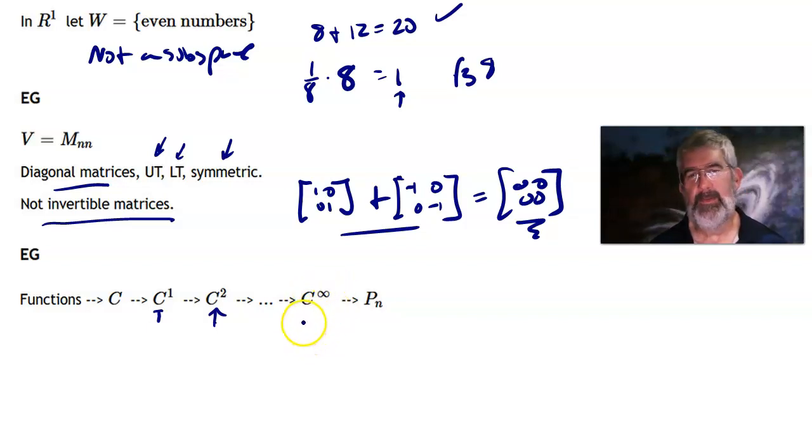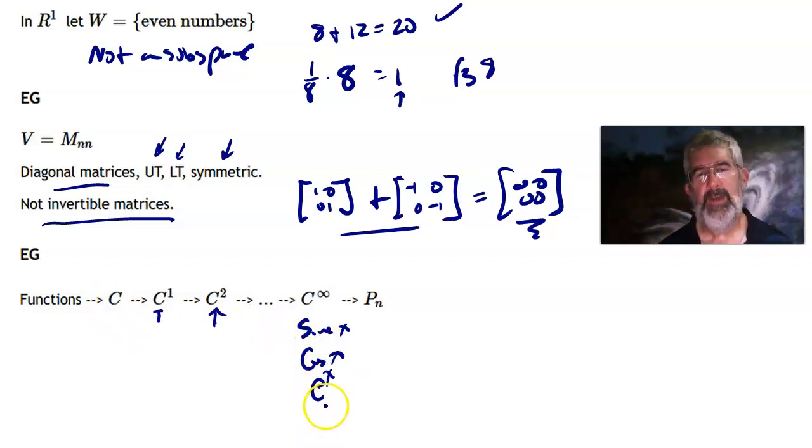So like sine and cosine would fit in here. Sine x, cosine x, not tangent. Tangent doesn't even fit in there, but e to the x fits in there. And in fact, all the polynomials. In particular, if you pick a particular n, say 7, these might be polynomials of degree 7 or less.